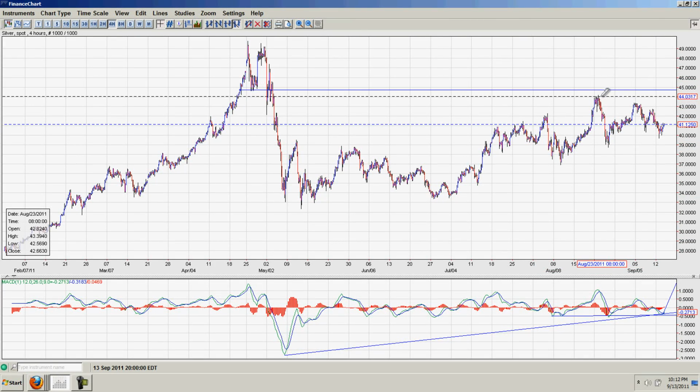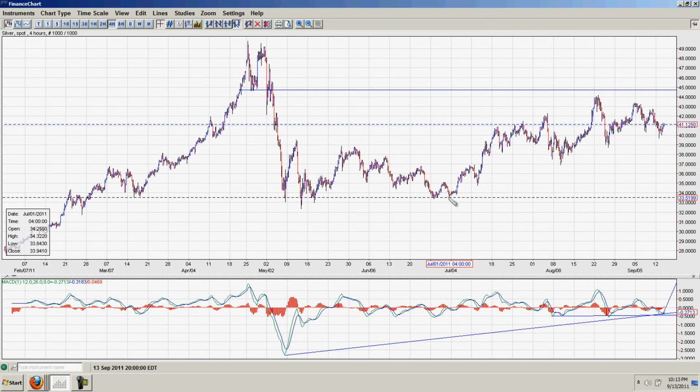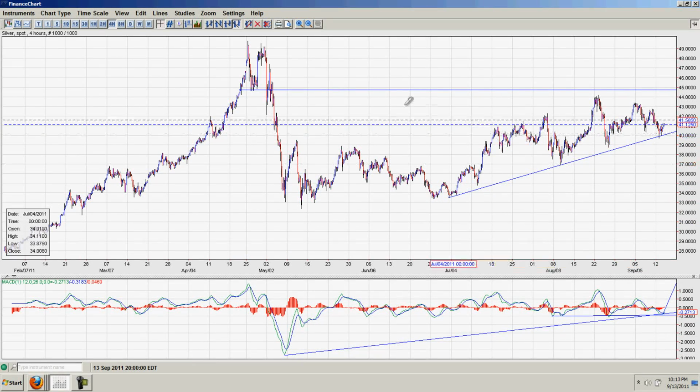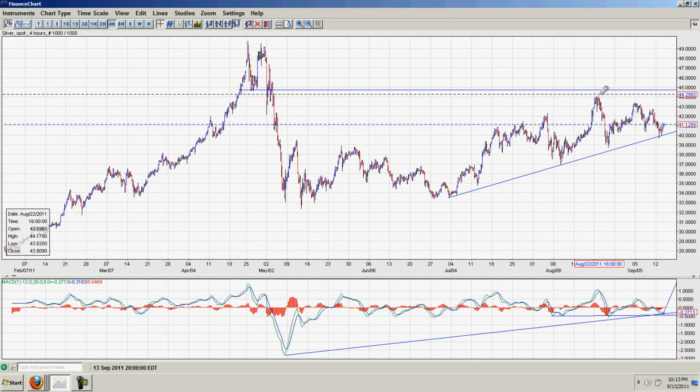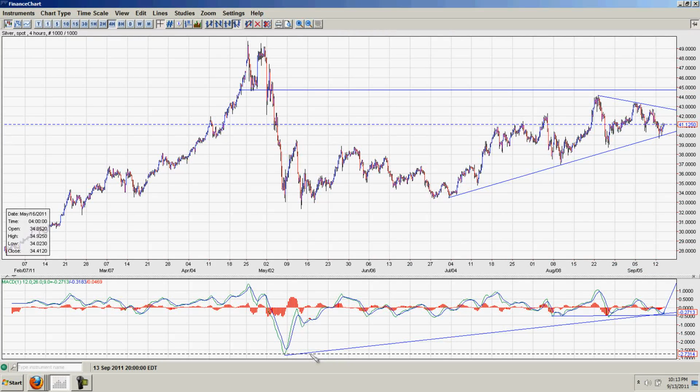You can see we almost touched it here and then fell back, and we are slowly rising into that. We don't have the same type of ascending flag formation in silver that we have in gold.